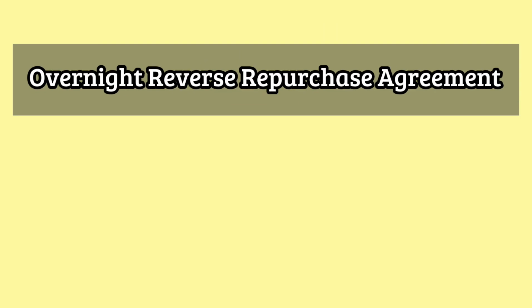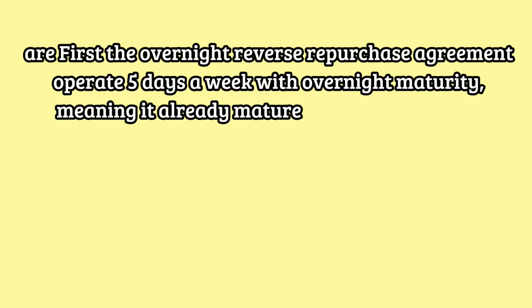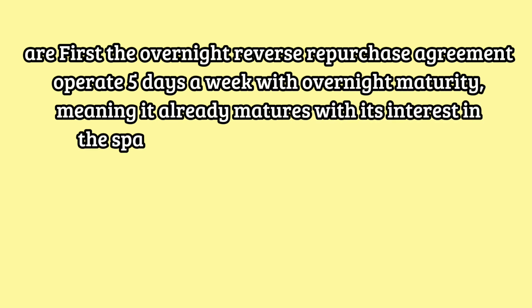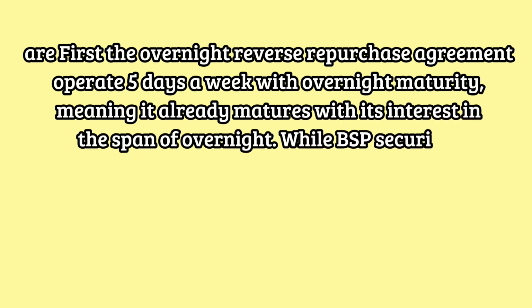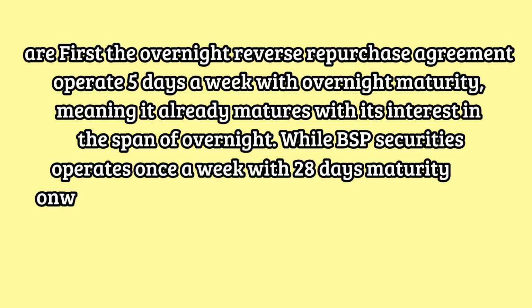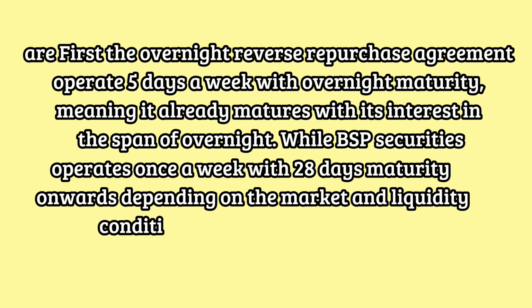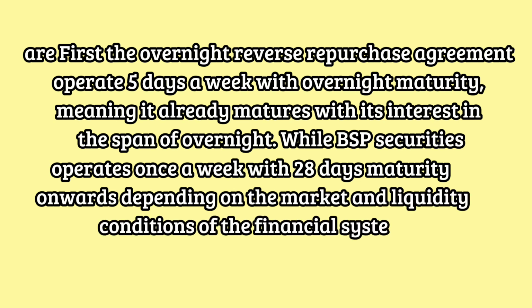The differences between overnight reverse repurchase agreement, BSP Securities, and term deposit facilities are: first, the overnight reverse repurchase agreement operates 5 days a week with an overnight maturity, meaning it already matures with its interest in the span of overnight, while BSP Securities operates once a week with 28 days maturity onwards, depending on the market and liquidity conditions of the financial system.